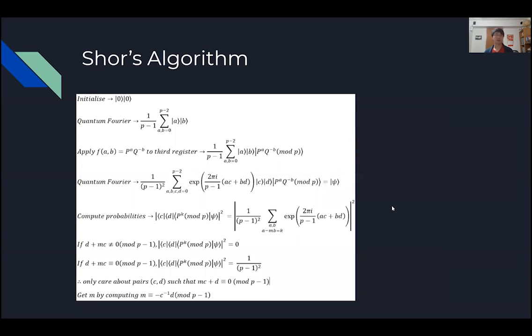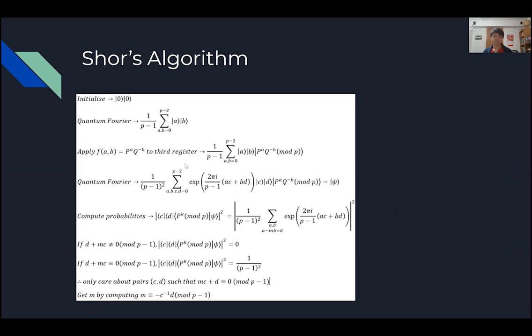Let's first start off with two registers. A register is just an array of qubits, so two arrays of qubits, and we initialize them to ket state 0. Then we're going to take the quantum Fourier transform of this state to put it in the superposition of numbers a and b mod p minus 1, because this is a more useful form for us.